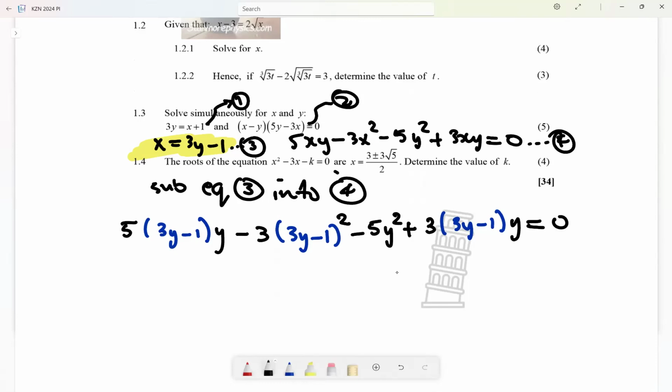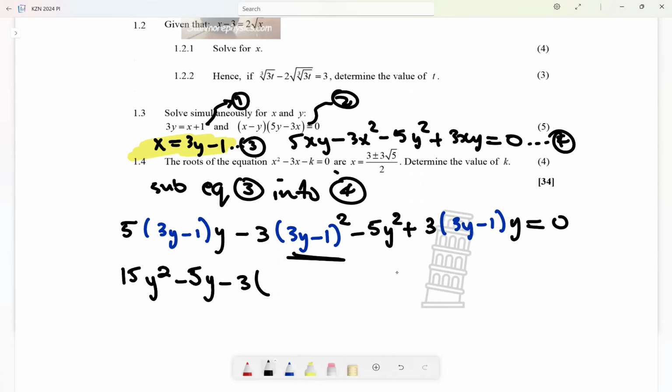Then it's just a matter of simplifying here, right? How can you do that? You'll just do your mathematics. 3y multiplied by y, or you start with 5, either way. Let's start with this one. 3y multiplied by y is 3y squared, multiplied by 5. You can say 5 multiplied by 3y multiplied by y, and come again and say 5 multiplied by negative 1 multiplied by 3y. So it will give you something like 15y squared minus 5y minus 3, and you have to solve this one first.